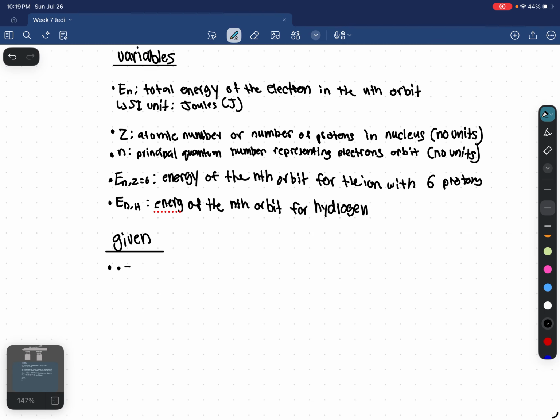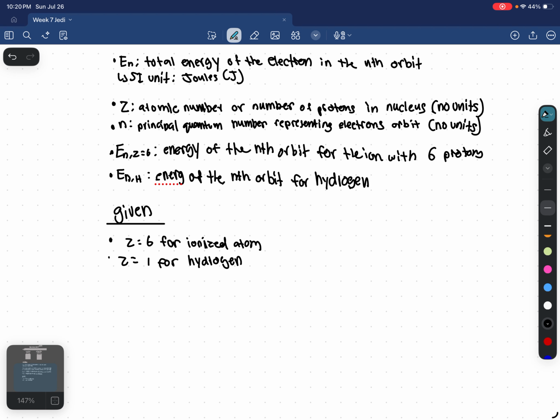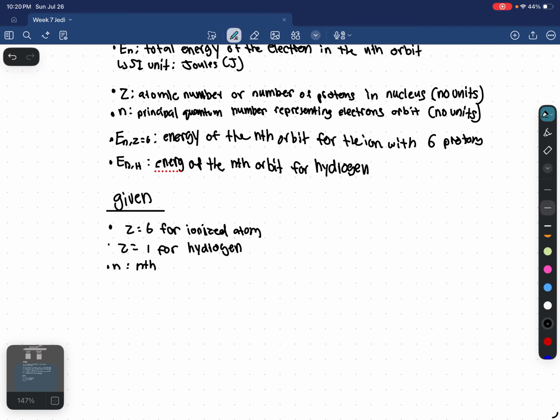So we have Z equals 6 for the ionized atom, and Z equals 1 for hydrogen. And then we also have n, which is the ninth. That is also given.